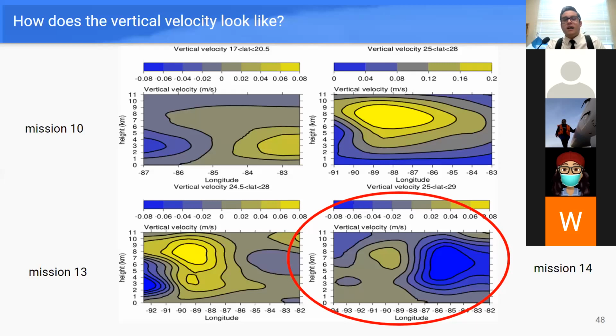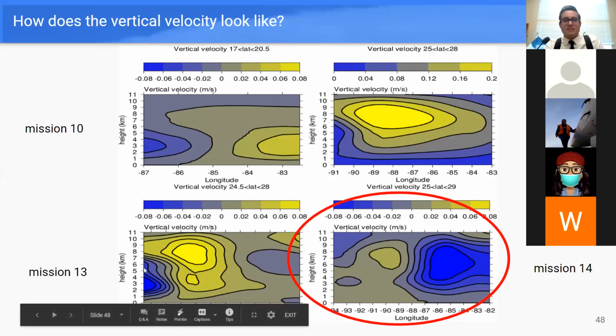So this is how the vertical velocity looked like for all four missions. During the genesis, while it was developing, there was high vertical velocity. Now, when it was developed, we can see that it is very much robust. It is indicative of a very robust vorticity structure of Cindy.